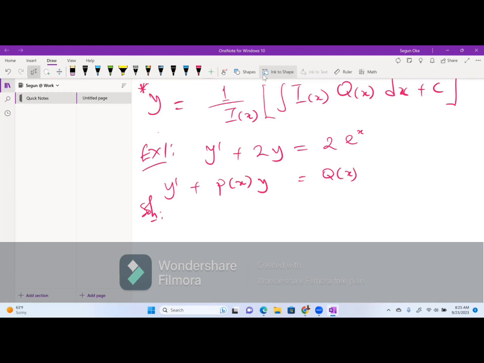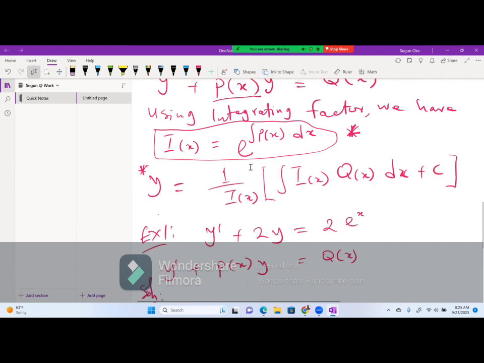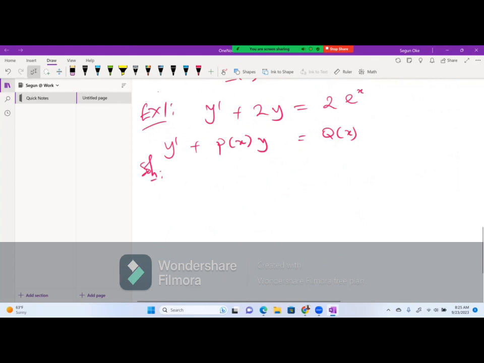Remember, you don't need to mention the y. If you look at the general formula, I of x is exponential of the integral of p of x dx, so you don't need to mention the y alone. That is where p of x equals 2.